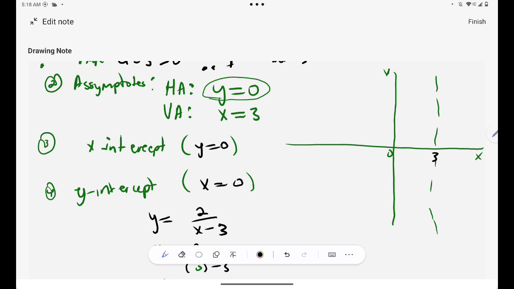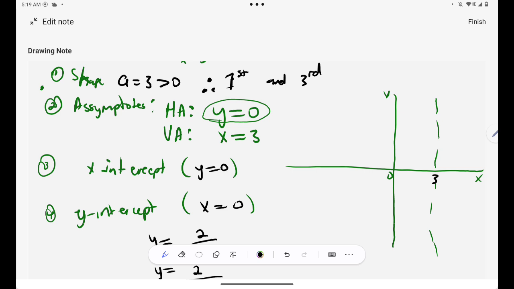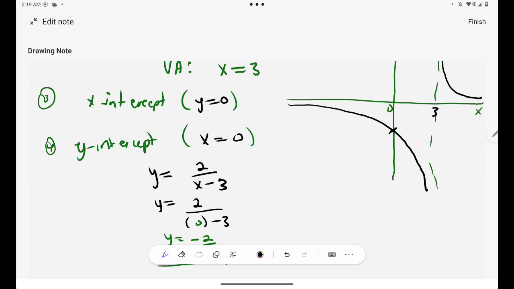Are you together? So I know that my graph will move like this from one asymptote to the other. The other one will move like this from one asymptote to the other, and it makes sense because my y-intercept was a negative number. It's negative 2 over 3.